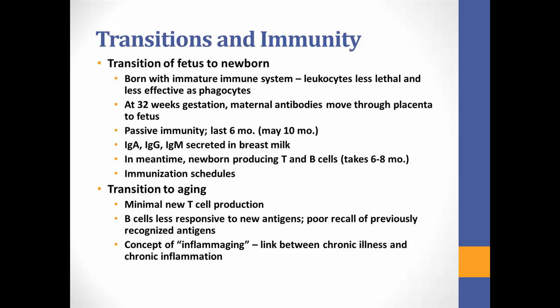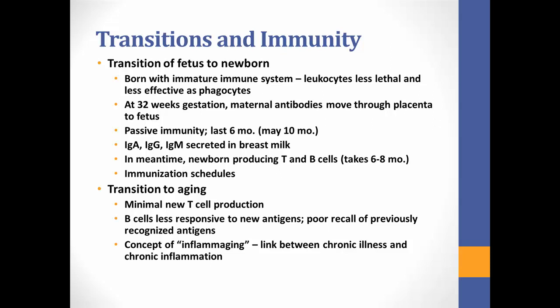And we have evidence of that, and we know this because if you look at the thymus gland, as we get older, the thymus gland becomes smaller. And remember, that's where we were maturing and producing them. We also know that B cells are less responsive to new antigen, as well as having a poorer recall to previously recognized antigens.